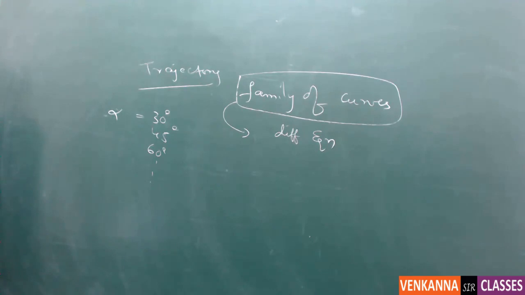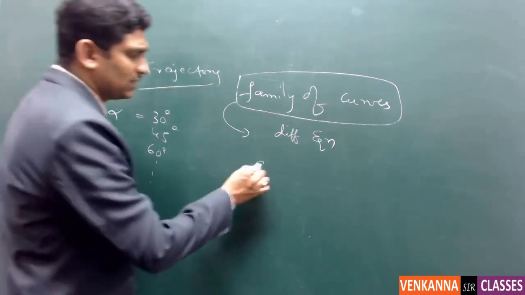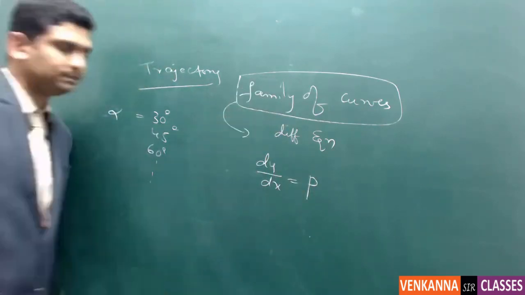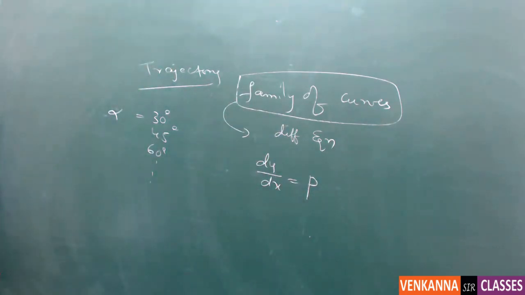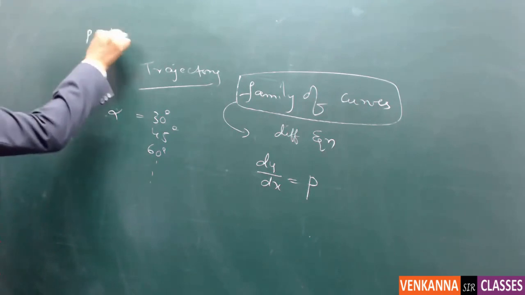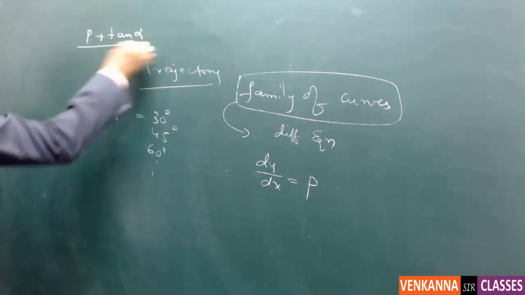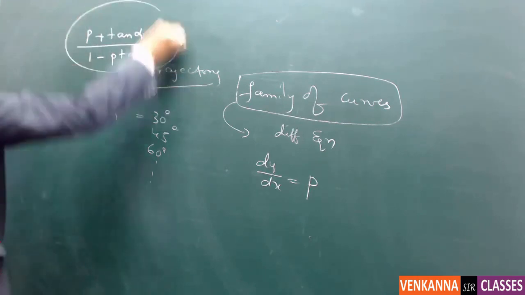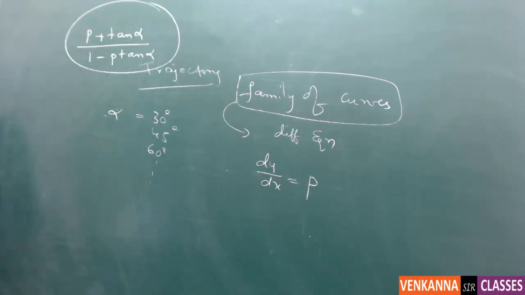Okay. So here, if you denote dy by dx is equal to p, the differential, in order to determine the trajectory we are going to replace it as follows. Please take a note of this formula.